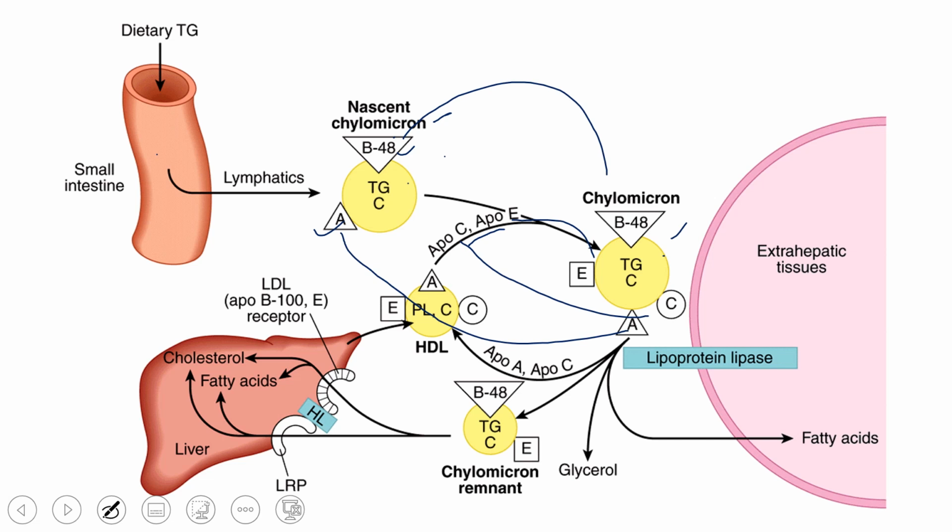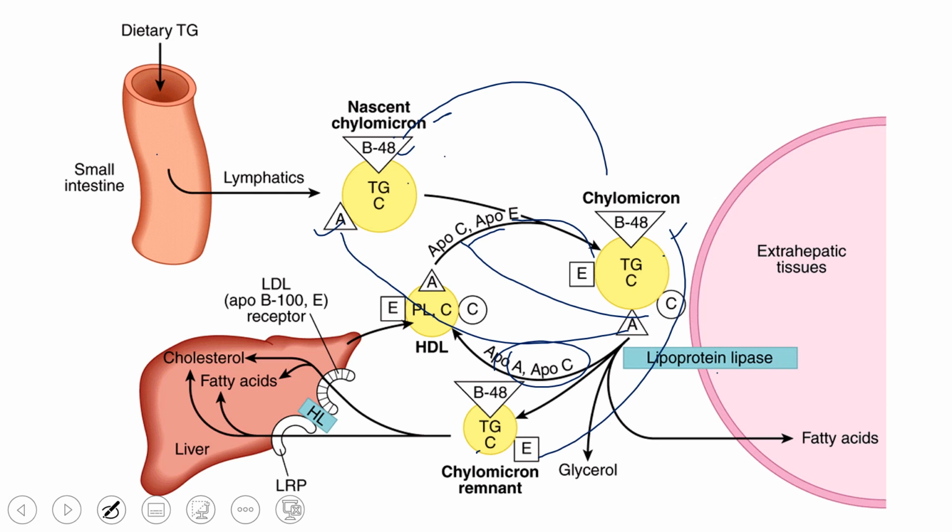Now you know that in transportation, C2 is the activator of LPL, lipoprotein lipase. This lipoprotein lipase normally digests triglyceride. So triglyceride will be digested and the chylomicron will be converted into chylomicron remnant, which has a low level of triglyceride. In the same process, during this conversion of chylomicron to chylomicron remnant, apoprotein A and apoprotein C are released.